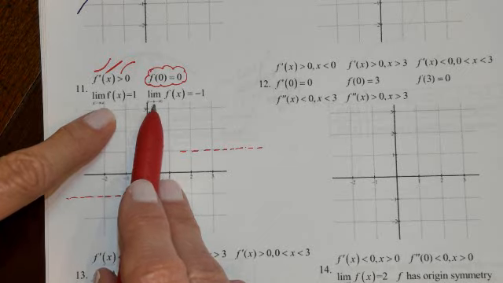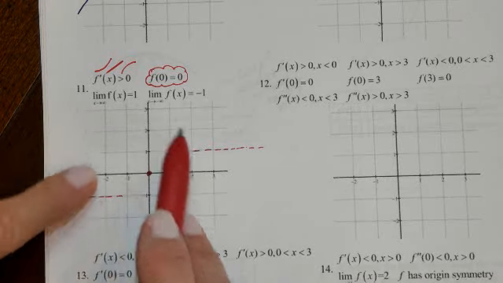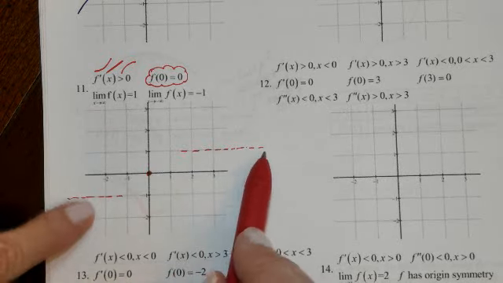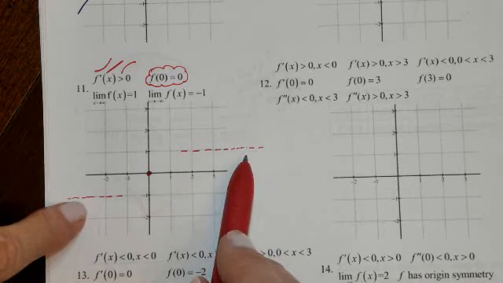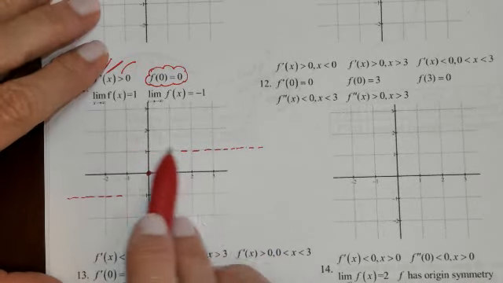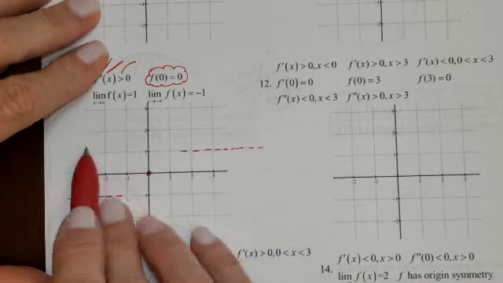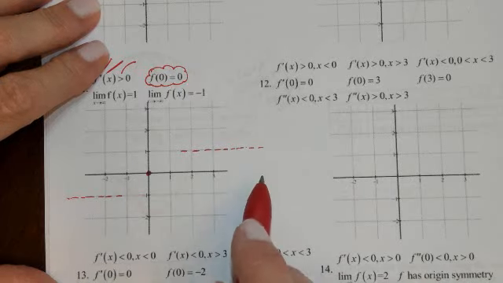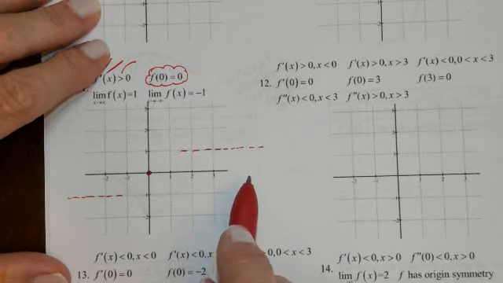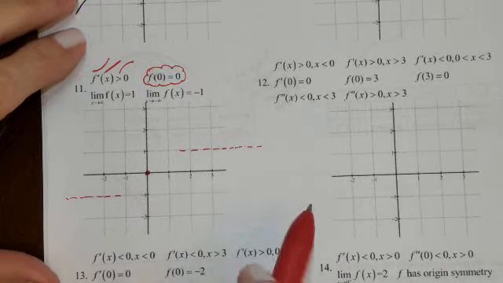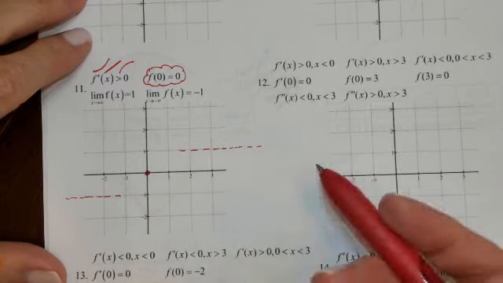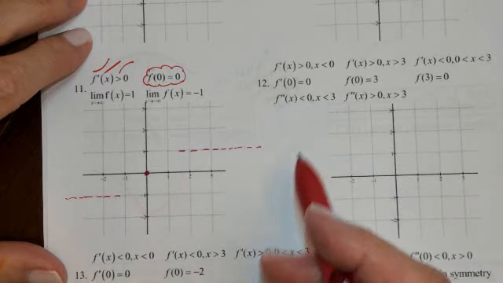But as x goes to positive or negative infinity, the curve is going to be approaching 1 and negative 1. So I don't like to draw my horizontal asymptote all the way through because it's misleading to students and they think you can't cross it, but you can cross it. We're not going to cross it here, but we could in general cross it.